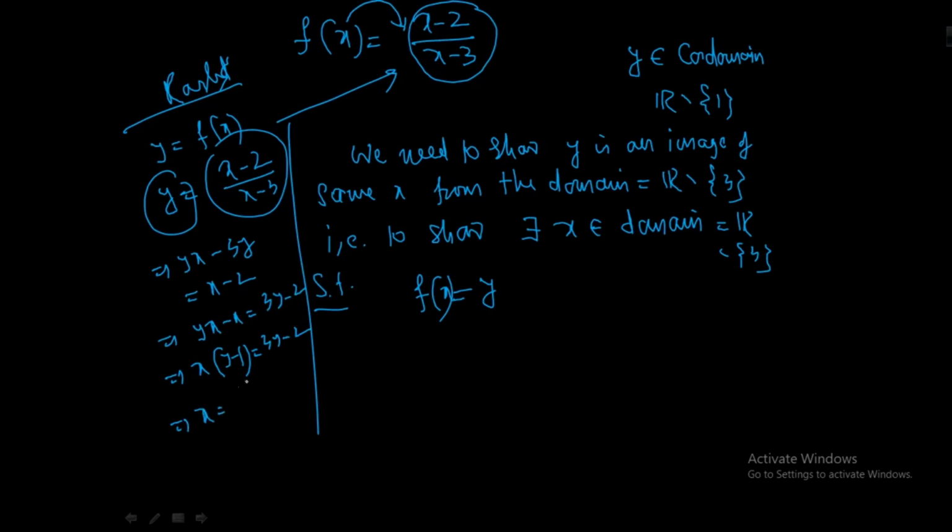So x নিয়ে নে (3y minus 2) by (y minus 1).